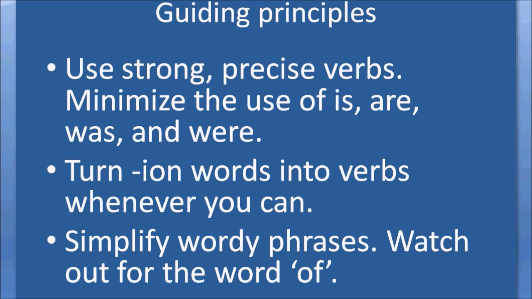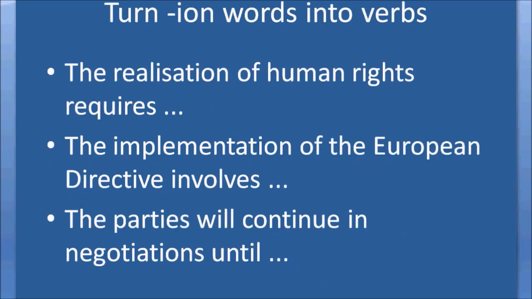Okay, so let's consider my next point, turning ion ending, shun ending words into verbs. So the realization of human rights requires. We could replace that with realizing human rights requires. The implementation of the European Directive involves.